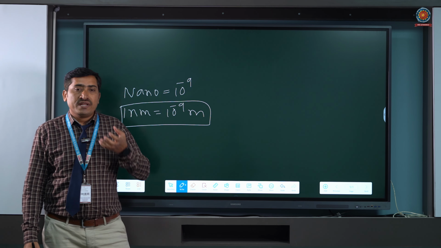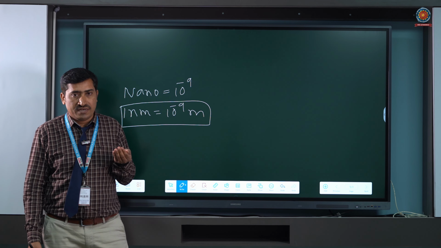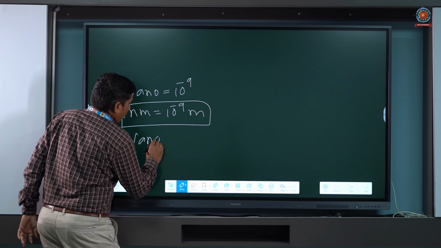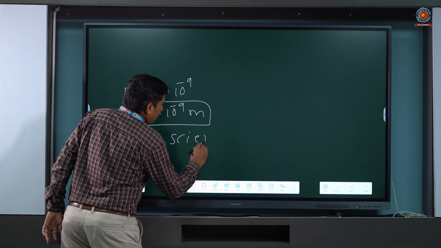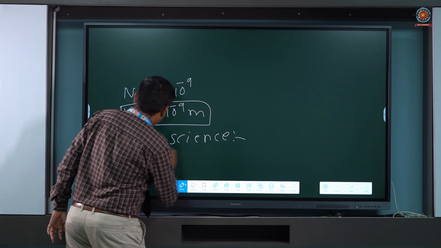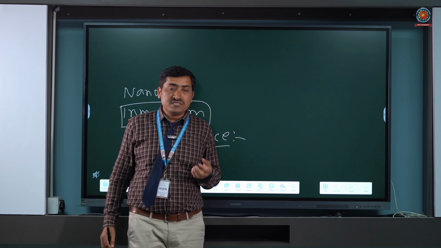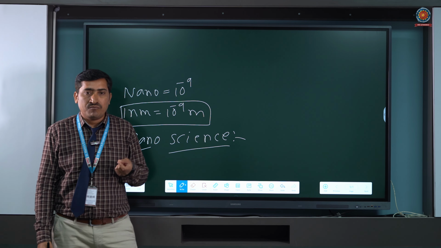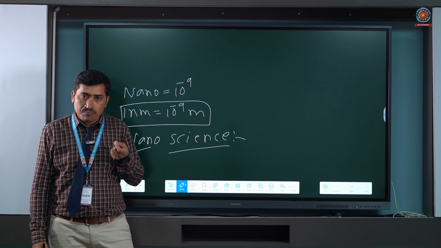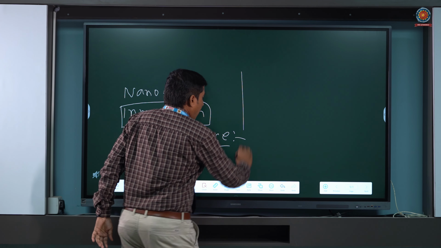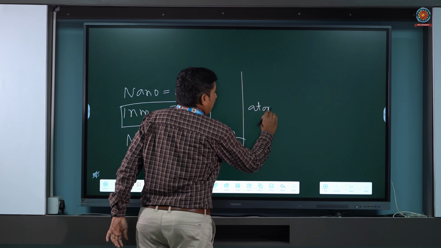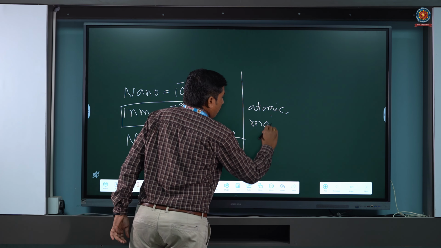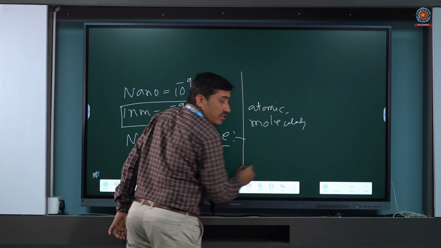What is nanotechnology and what is nanoscience? Nanoscience is a branch of science in which we manipulate our sample at the atomic or molecular level.